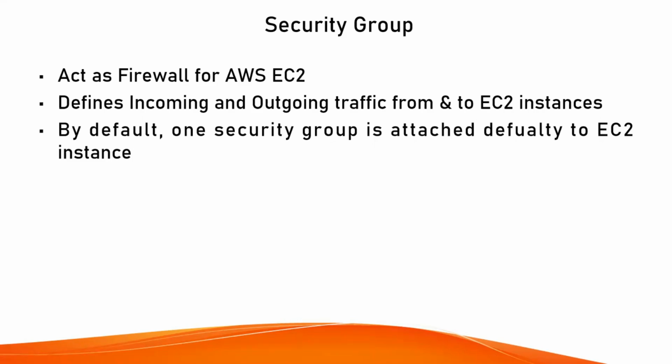By default, one security group is attached to an EC2 instance. So it's very important to understand how you are going to control your incoming and outgoing traffic from EC2 instances.